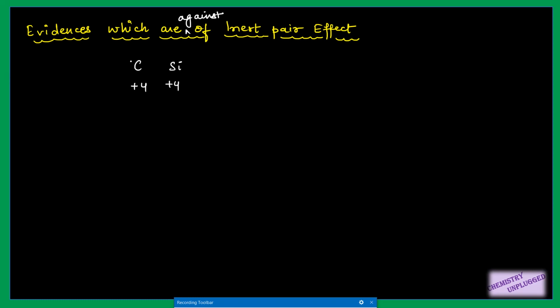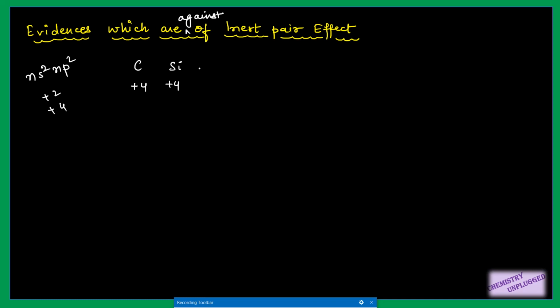We know that the outermost configuration of the carbon family is ns2np2, right? So we can remove only the p electrons, or we can remove all four electrons. If we remove only the p electrons, it will show +2 oxidation state, and if we remove all 4 electrons, then it will show +4 oxidation state. So for carbon and silicon, the +4 oxidation state is more important.